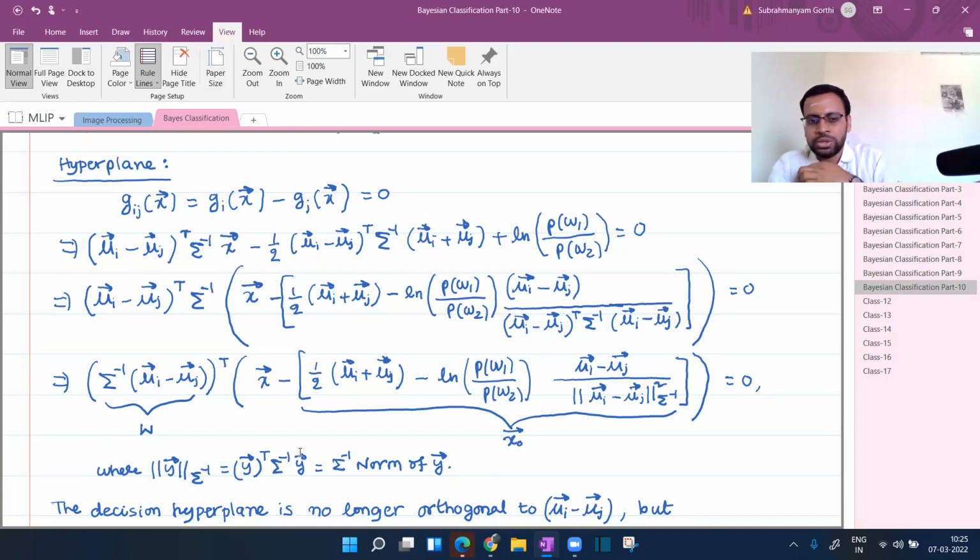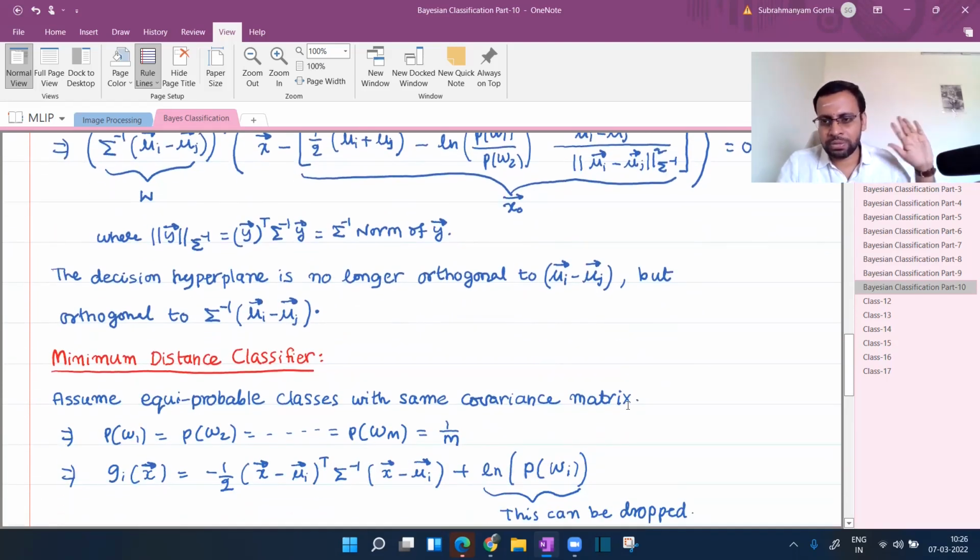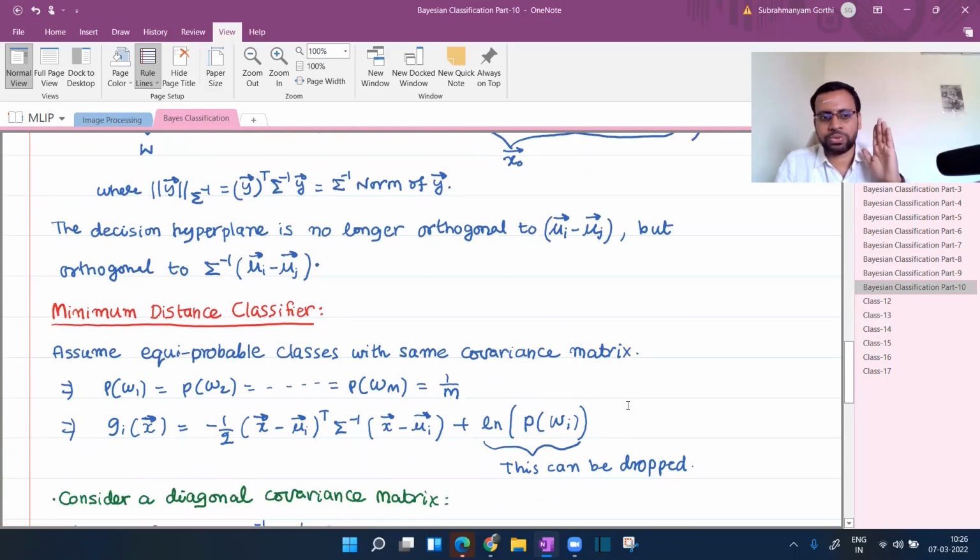That's one thing we have seen here. Even when the two probabilities are the same, this term won't be there, x bar will be the same, but the plane is at an angle, not 90 degrees anymore. If the prior probabilities are different, then the term you have here depends on the Mahalanobis distance. This is what we discussed in the previous class as well as this class so far.